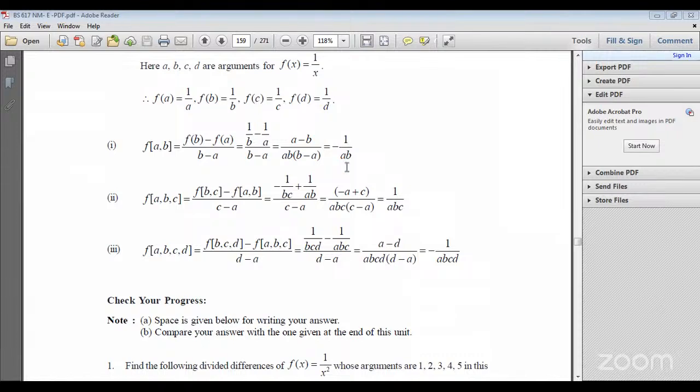So f of A, f of AB, f of B by f of B minus f of A, that is the first condition. ABC, three conditions we are taking here.